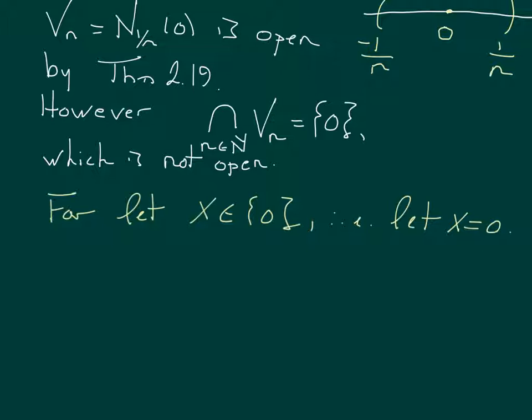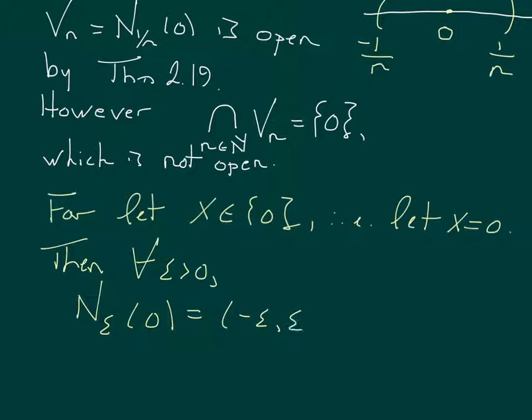But in fact, for any epsilon bigger than 0, the epsilon neighborhood about 0 just looks like (minus epsilon, epsilon), which is obviously not contained in {0}.